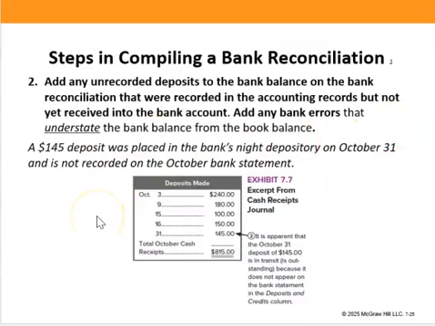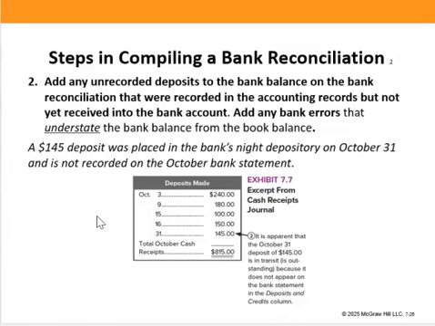Okay. So number two, add any unrecorded deposits to the bank balance on the bank reconciliation that were recorded in your accounting records, but not yet received into the bank account. The best way to do this is to have both your bank statement and your book balance or your cash general ledger for the month of October.